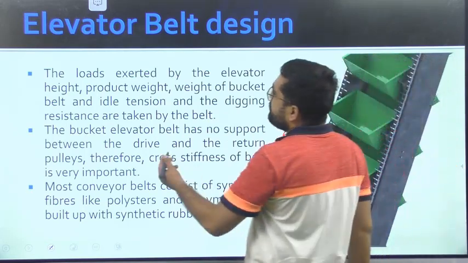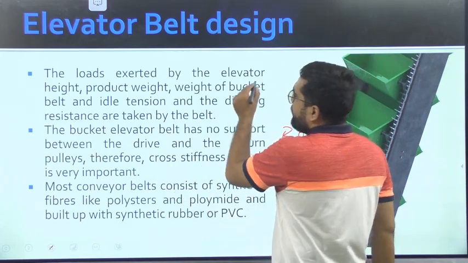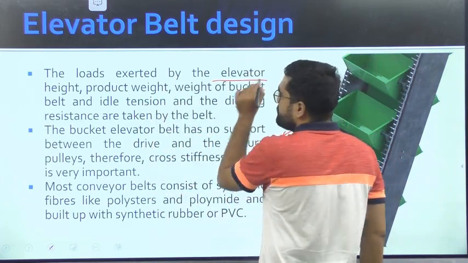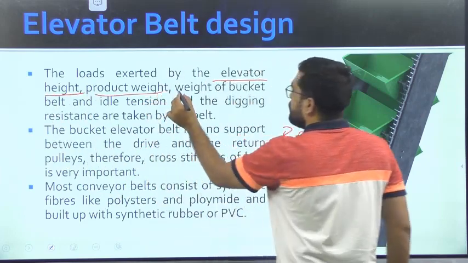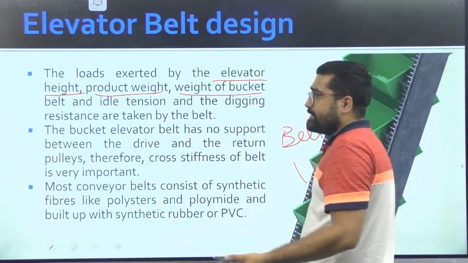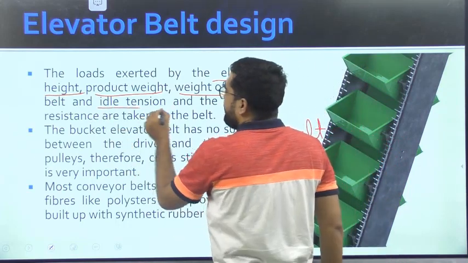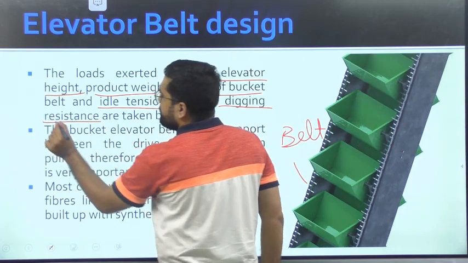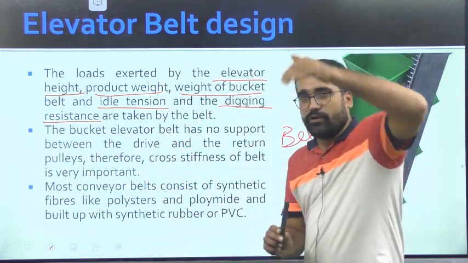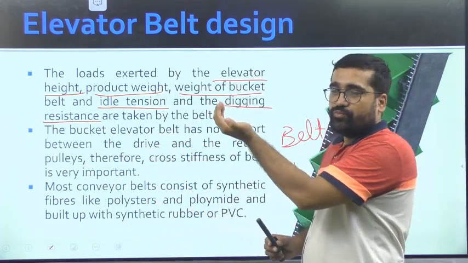The loads exerted on the elevator include the elevator height, product weight, weight of the bucket, the idle tension, and the digging resistance. Digging resistance is when the bucket goes inside the material and scoops out the material.